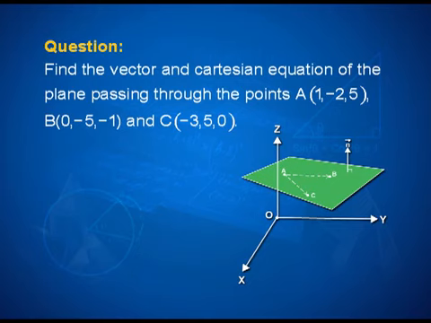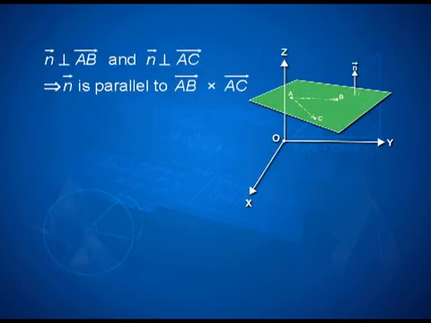That is what will work as a key result and concept. Let us begin with taking that vector n to be parallel to the cross product of vector AB and vector AC, since vector algebra taught you that the cross product of any two vectors is always perpendicular to the given two vectors.